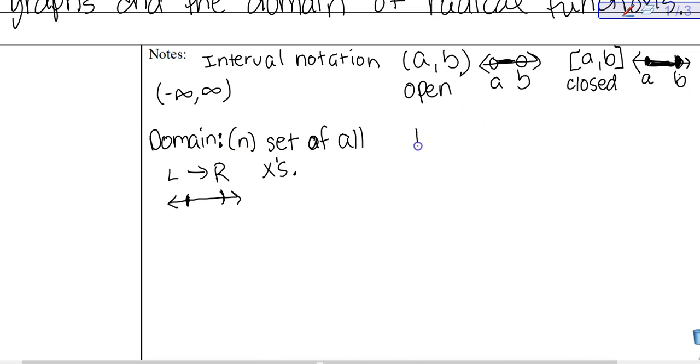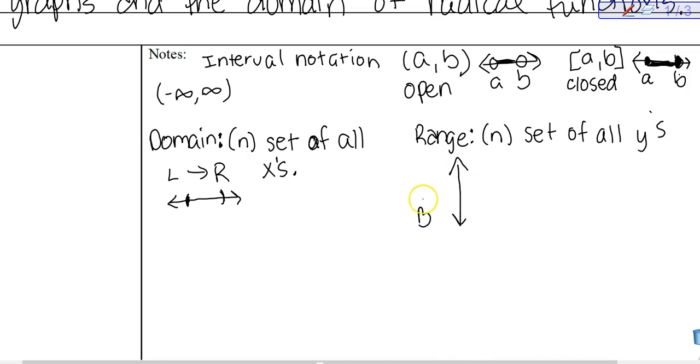Okay, your range, which is also a thing, it's a noun, is what? It's the set of all y's. So when I measure that, the y-axis, how far does my graph span across the y-axis?